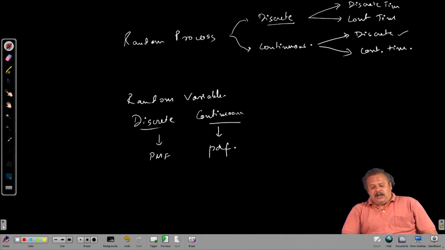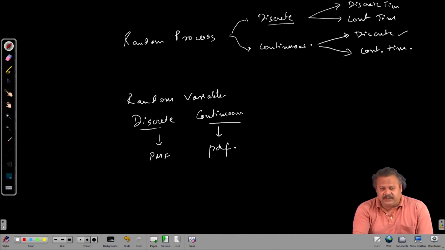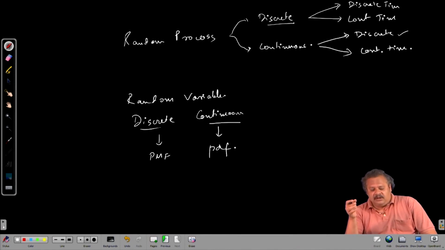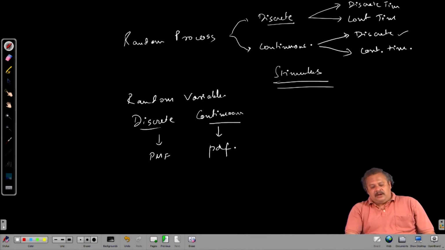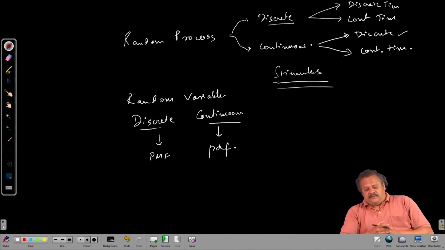So, we introduced the idea of the random variable and random processes by talking about the variability in responses. Similarly, we can think of the stimulus, or the external world, or whatever is driving the neuron, as also a random process or random variable depending on the situation. And this relationship between these two random events, random variables or random processes, as the case may be, is what we will actually be handling in our discussions of encoding and decoding by neurons.